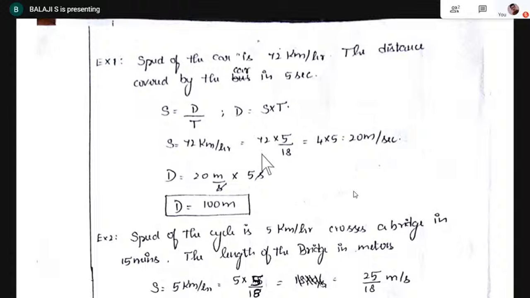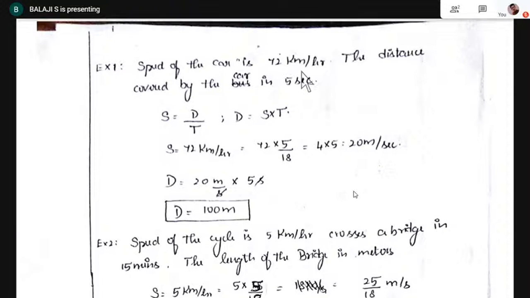So what I said, if it is in kilometer per hour and you want to convert to meter per second, you multiply by 5 divided by 18. Why 5 divided by 18? Because you are converting the higher unit into a lower unit. So the numerator should have only the lowest value, that is 5 divided by 18. So 72 into 5 divided by 18 will give 20 meter per second.